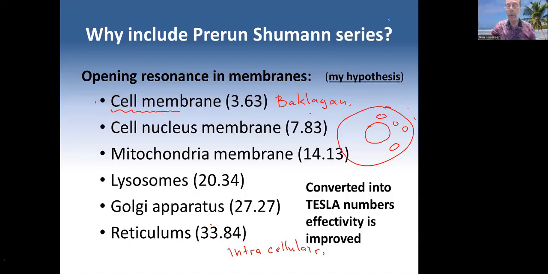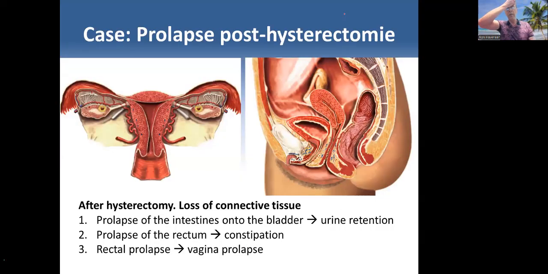In this case, it was not a diabetes case, but somebody was, after the removal of the uterus, suffering from prolapse. And many ladies have the same problem. You see here that there's always connective tissue around the whole infrastructure of the belly.